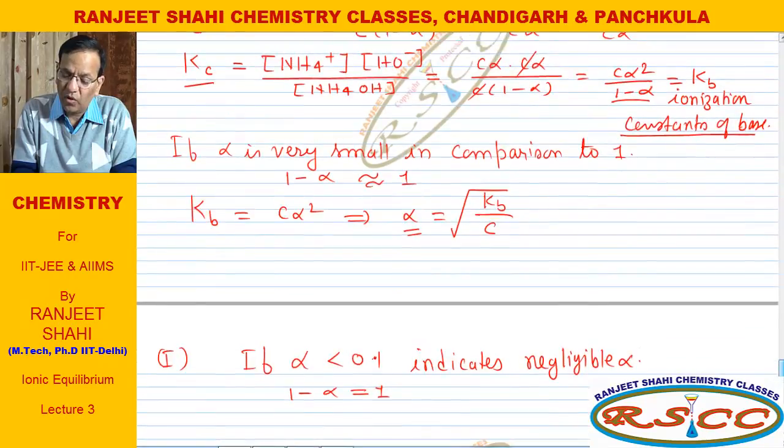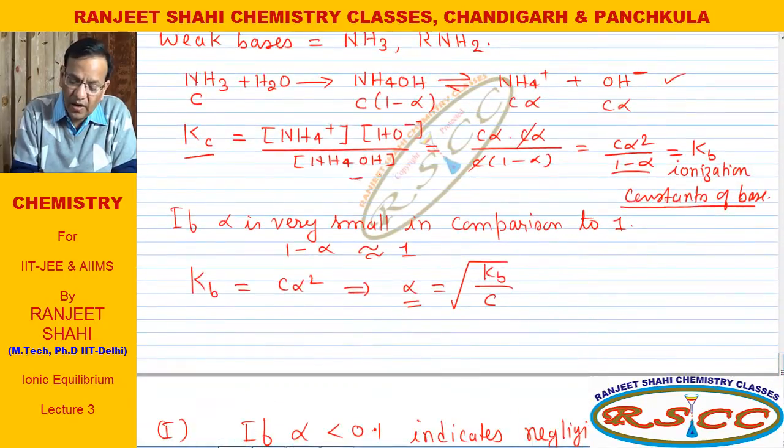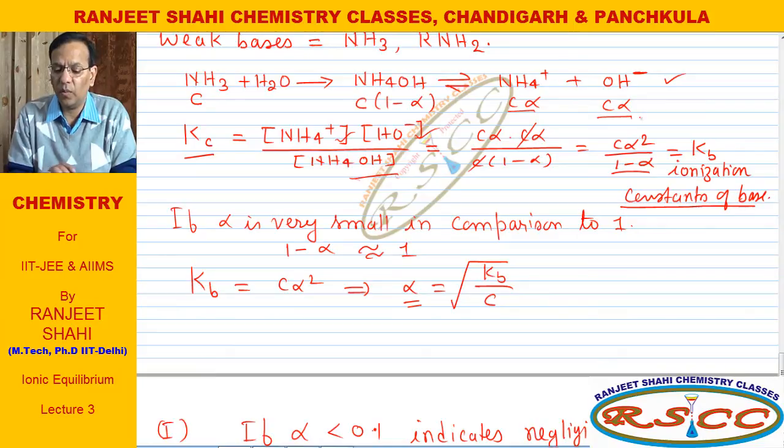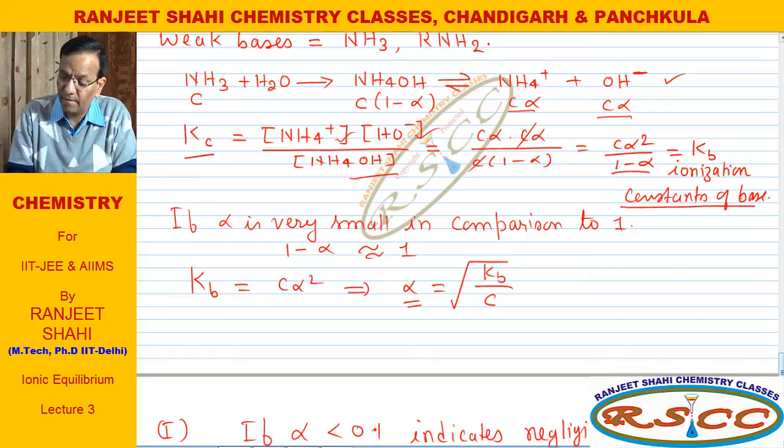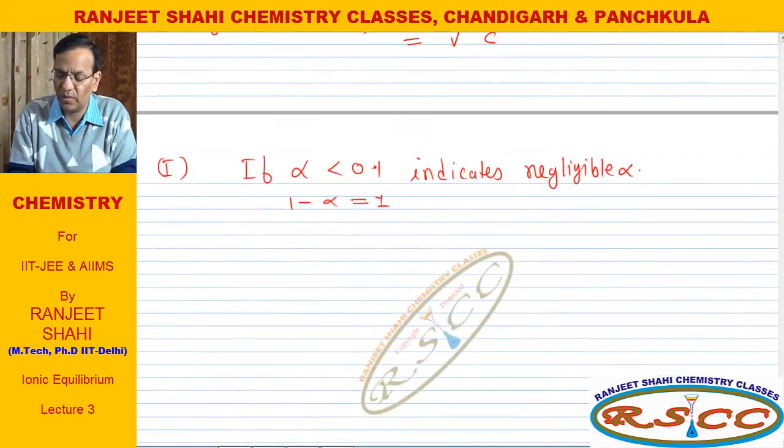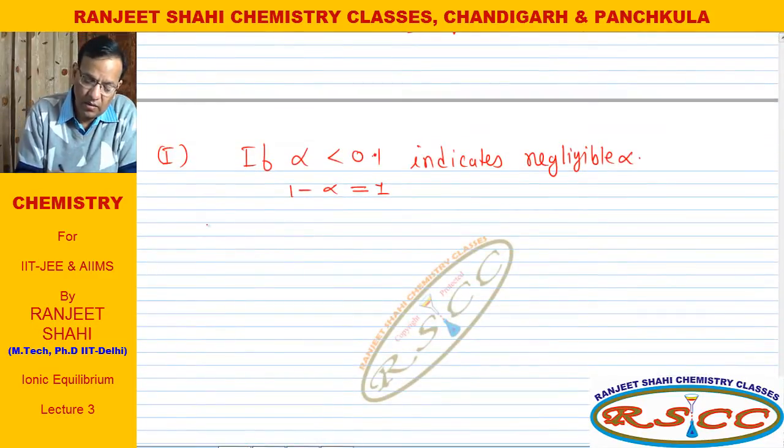Now, if we substitute this in the expression here, the concentration of ammonium ion and concentration of hydroxide ion are the same, both are C alpha. So, the numerator can be written as hydroxide concentration square, and the denominator, which is ammonium hydroxide, C into 1 minus alpha, will become C with this approximation when alpha is negligible.